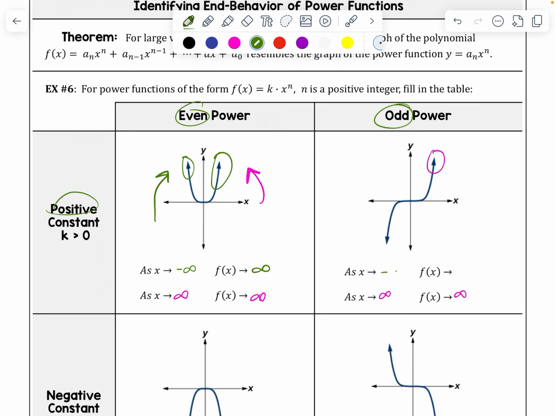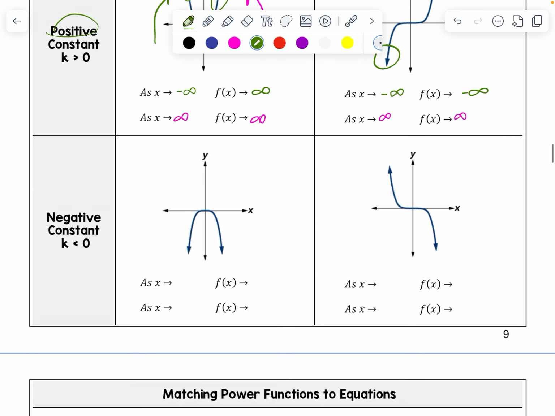And on the left side, as x approaches negative infinity, it's going the opposite direction because it's odd, so therefore it's negative infinity. And for a negative constant, we also know anything that's negative goes to the right downwards. So as x approaches positive infinity to the right, it goes downwards to negative infinity. And anything that's even, they will match. So as x approaches negative infinity to the left, it's matching its f of x behavior, which is also negative infinity.